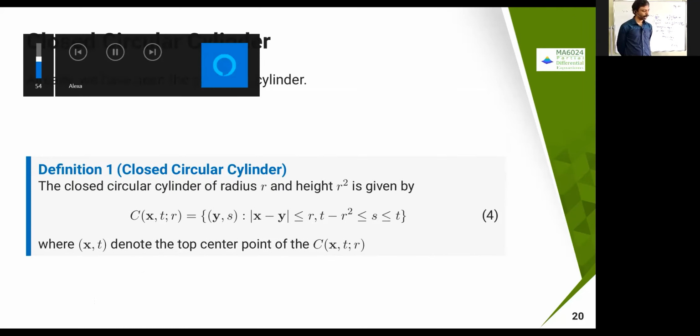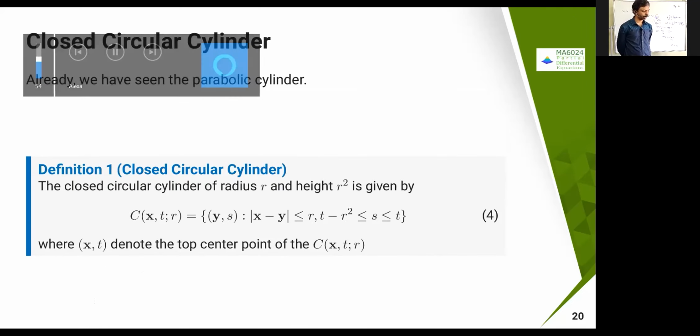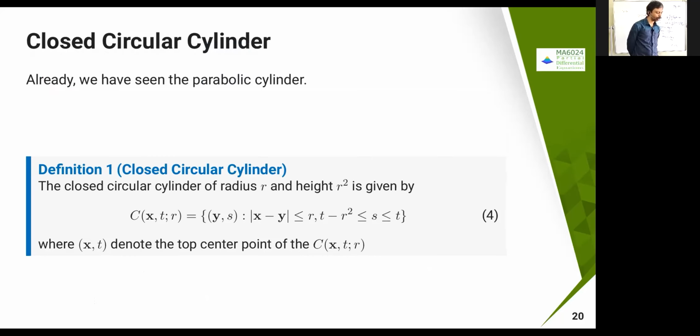Here, we have already seen the parabolic cylinder. For this problem we are going to take a circular cylinder. The closed circular cylinder is a similar kind of thing. Here we are taking C of x comma t. In the parabolic cylinder we took some arbitrary domain.